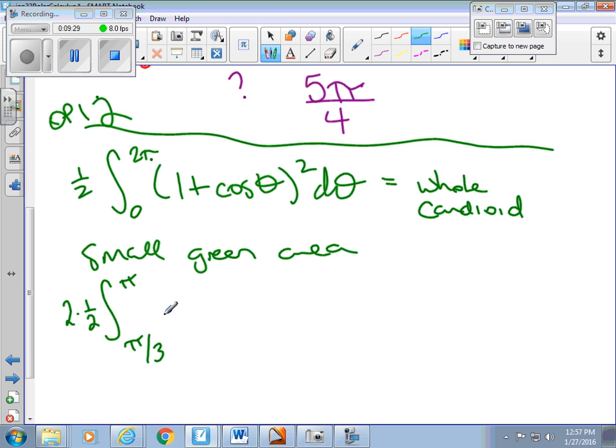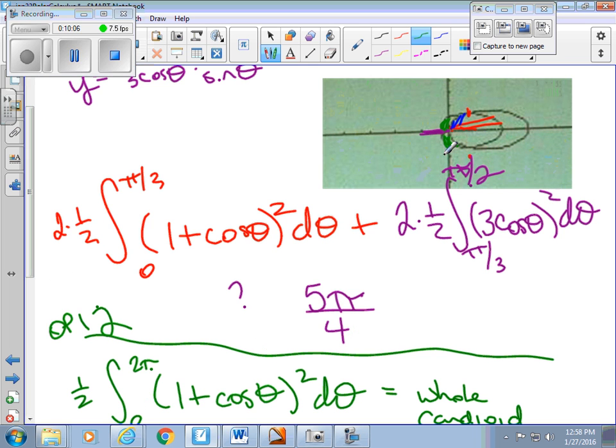Of (1 plus cosine of theta) squared, minus the circle, and you could do this different ways. This might not make sense, but I did the integral from pi over 3 to pi over 2 on the circle, which gives you this whole thing right there.